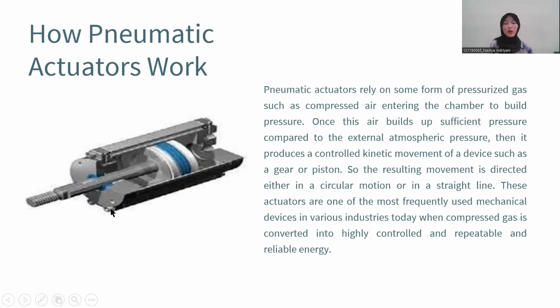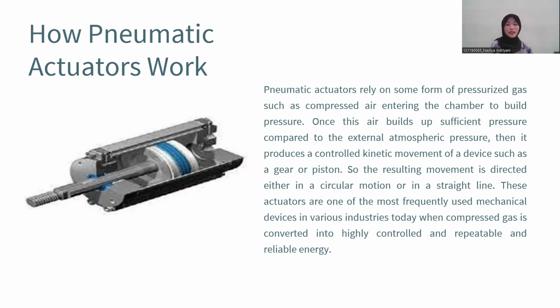How do pneumatic actuators work? Pneumatic actuators rely on some form of pressurized gas, such as compressed air, entering the chamber to build pressure. Once this air builds up sufficient pressure compared to the external atmospheric pressure, it produces controlled kinetic movement of the device, such as a gear or piston.